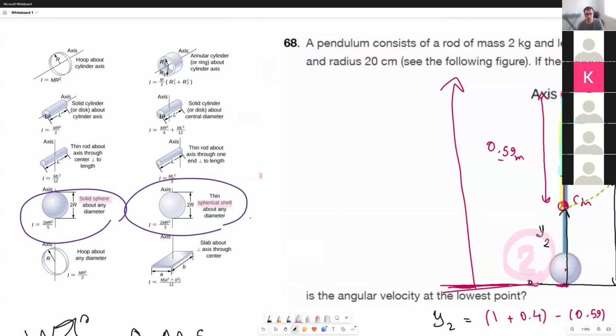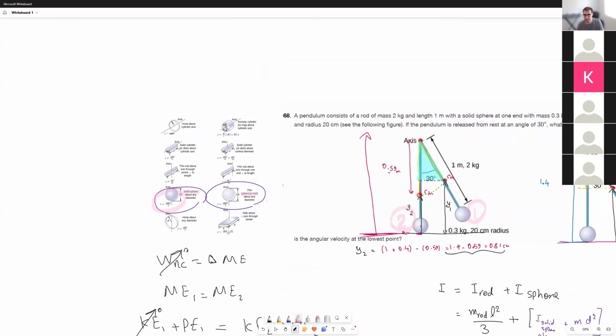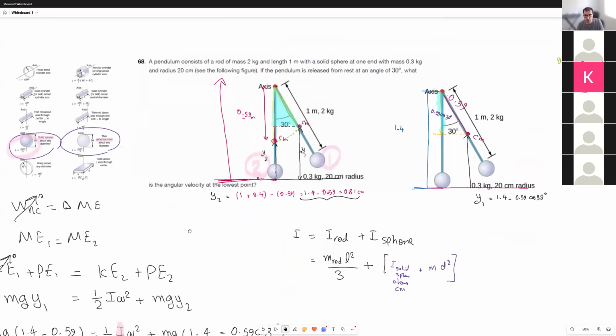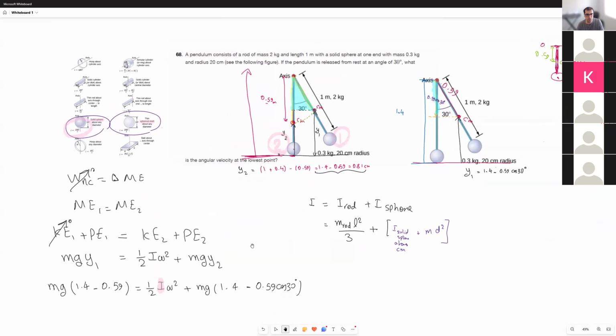2 over 5 m r squared. Are we going to use this only? No, as Eric and Donghoon said, you have to add them up with the distance between the two axes. If there is a solid sphere and this is the axis of rotation, I, the moment of inertia, is going to be equal to 2 over 5 m r squared.